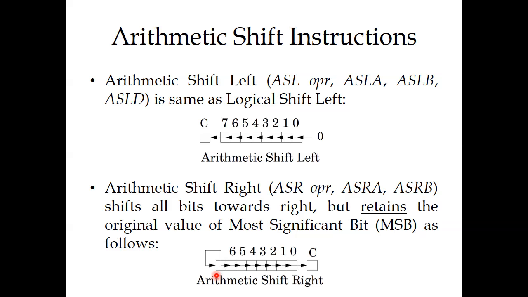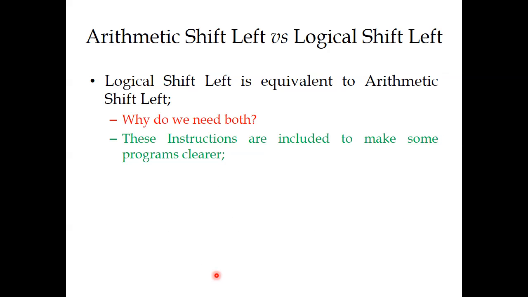Okay, so you might be wondering why we need a logical shift left and arithmetic shift left, since they look exactly the same. Because if you look at arithmetic shift left and the logical shift left, their operations are pretty much the same. So the reason is both of the instructions are actually the same, but the arithmetic shift right and the logical shift right are not the same.